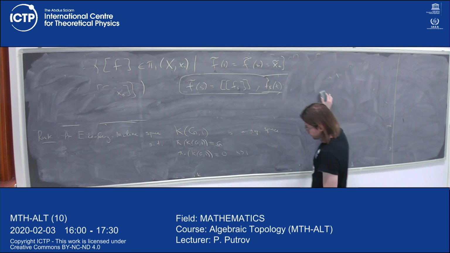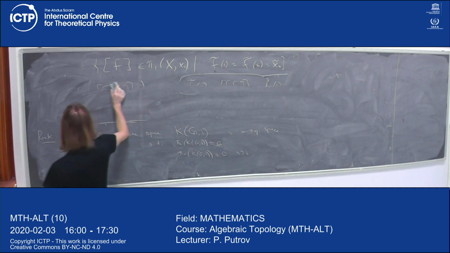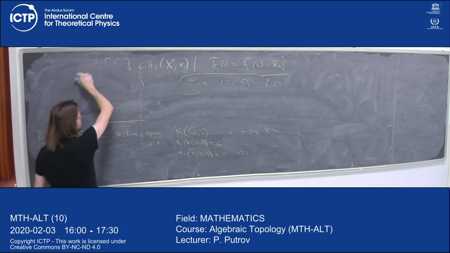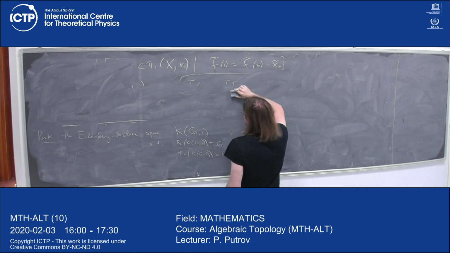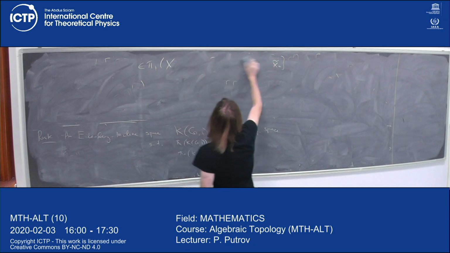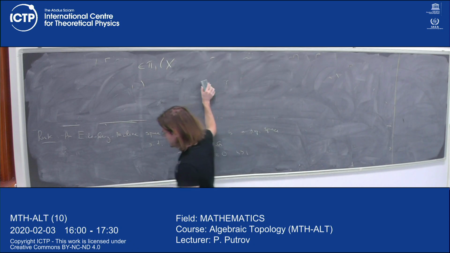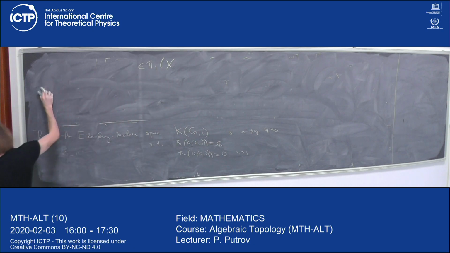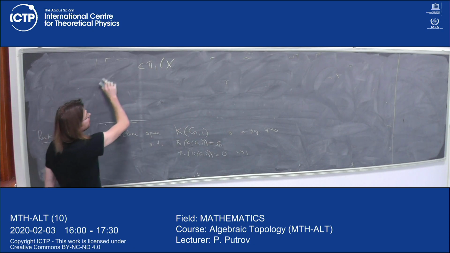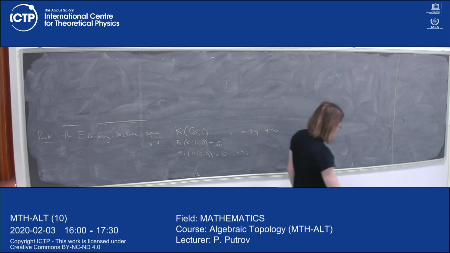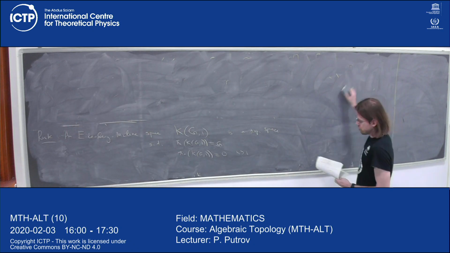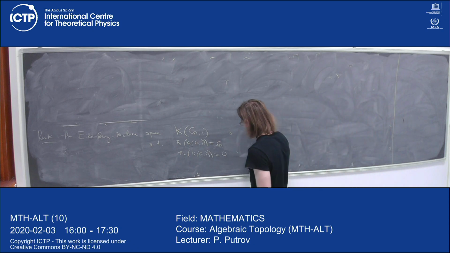But we also want to show some sort of uniqueness. We showed the existence of a covering space for a prescribed subgroup, and now we want to argue some uniqueness.